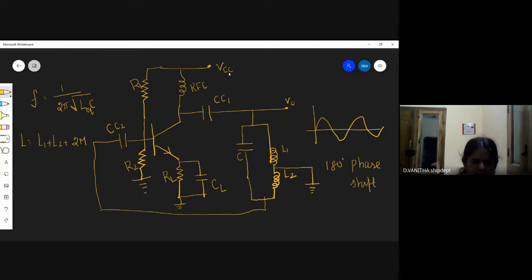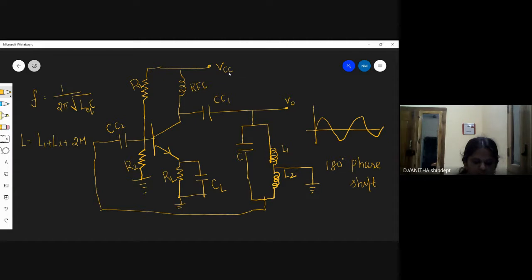So these are some points about Hartley oscillators. Hartley oscillators are very much useful, and this is a small circuit. This is not a complex circuit, very few and small components are used here.